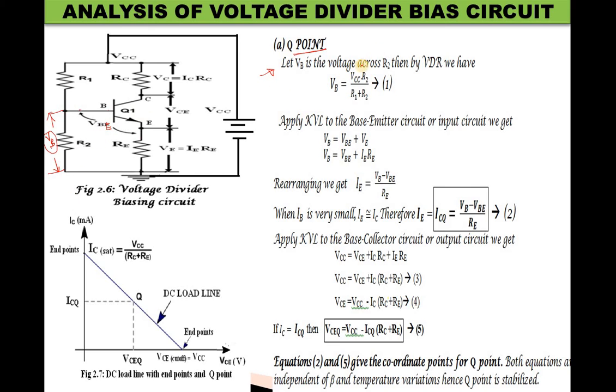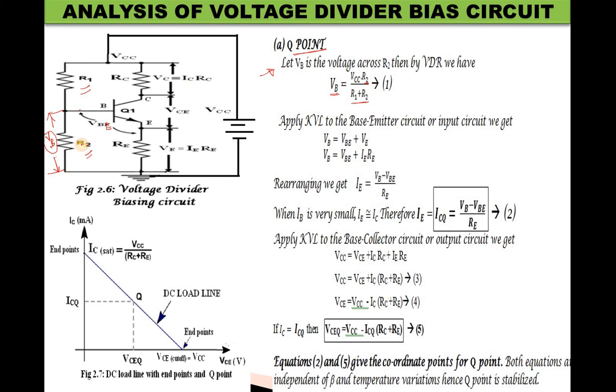Let me take the voltage divider rule because, as I said earlier, R1 and R2 behave as a series circuit, so I can apply the voltage divider rule. What does the voltage divider rule say? Voltage across any resistor is equal to the main voltage into that branch resistance divided by the sum.